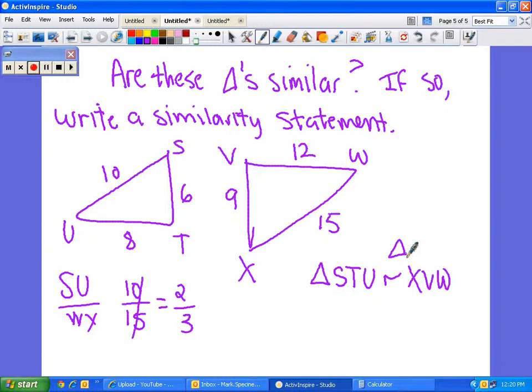So does side ST correspond with side XV? Yes, they're both the shortest side on each triangle. And then, if ST corresponds with XV, then the last letter remaining is U. That's how you justify your answer.